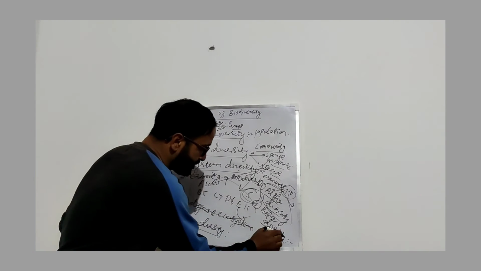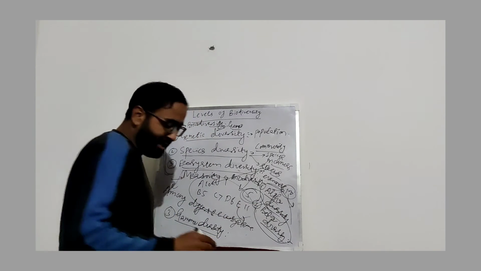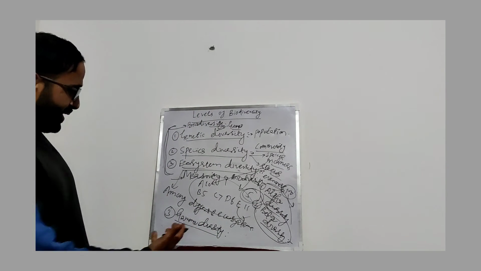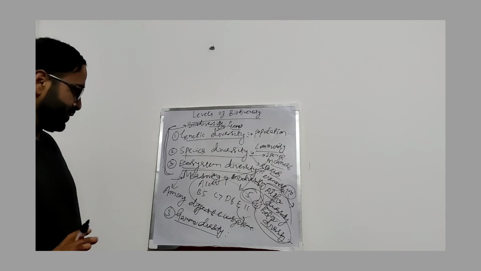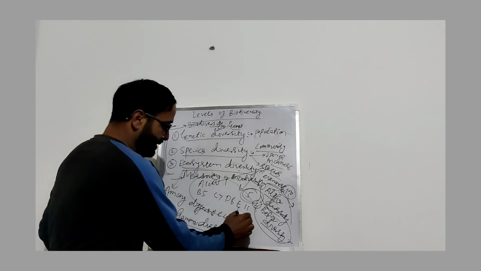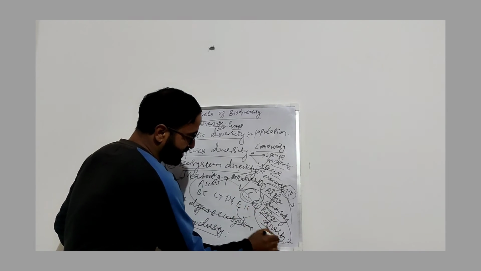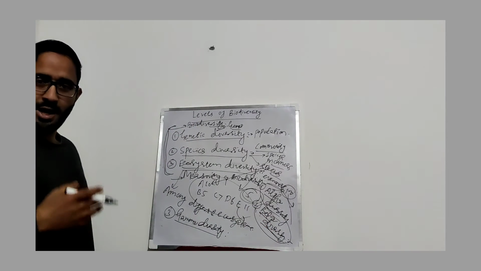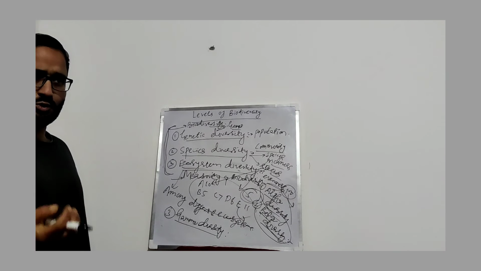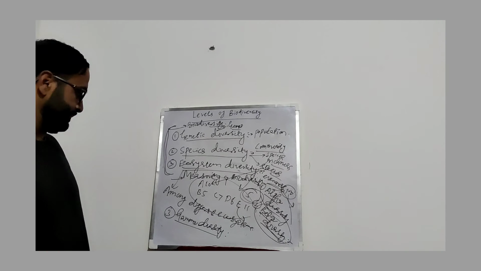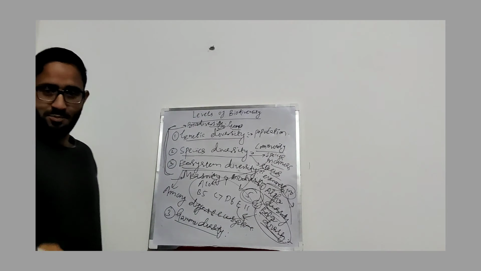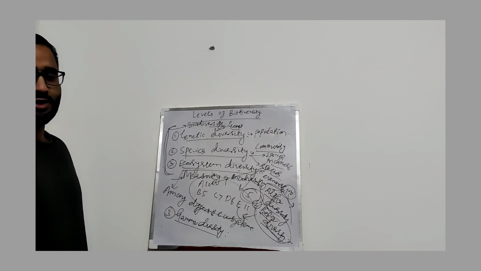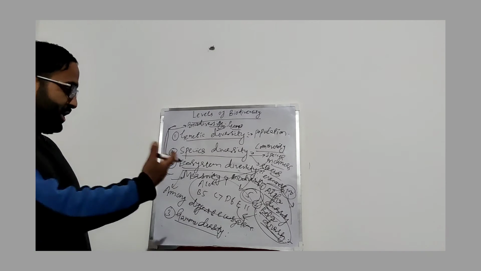Second is beta diversity. Beta diversity takes up a somewhat larger unit. It compares the biodiversity of two different ecosystems, and it sees the unique species which are present in each ecosystem.